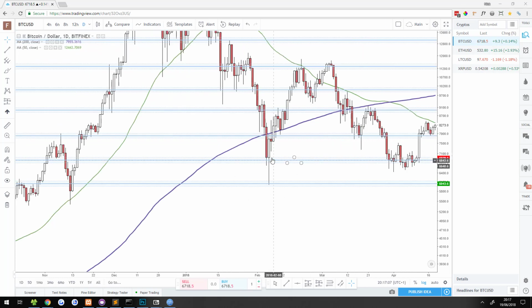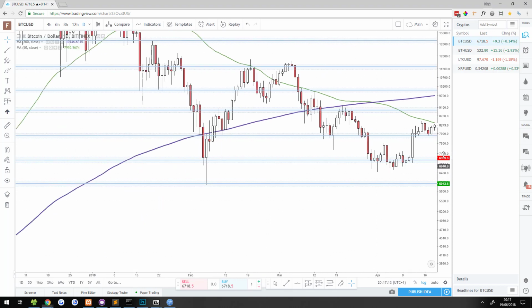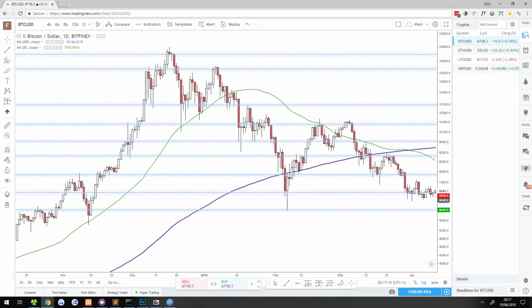If you want an even more extreme example of how strong this support area is, it's this move down here. This move that I'm sure you're all familiar with, because this is when Bitcoin came crashing down from its highs at around 20,000 that it's never really recovered from. Came to here, hit this area, boom, turned around.